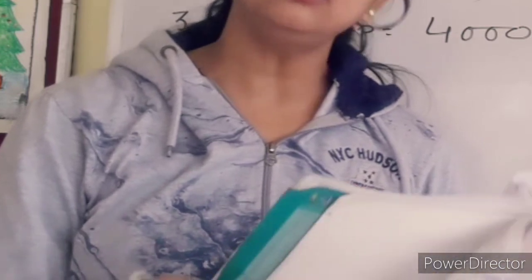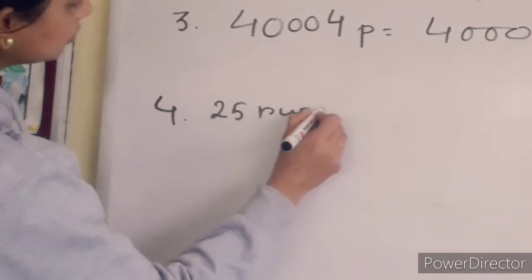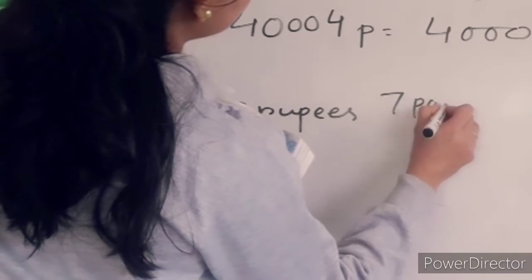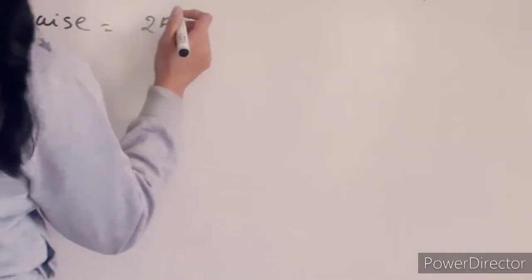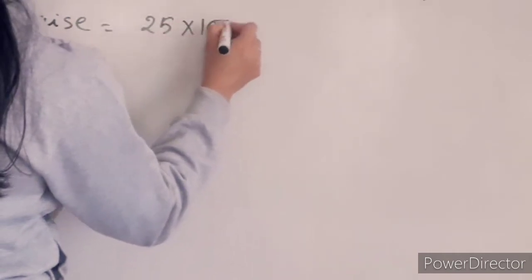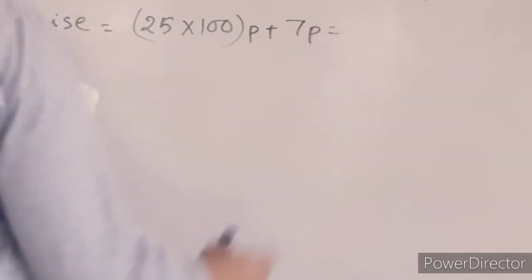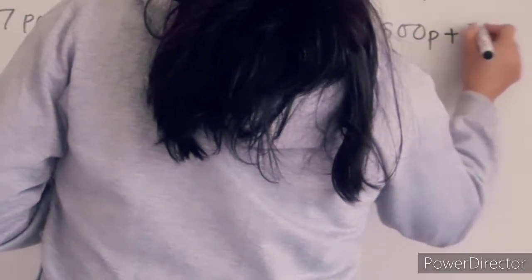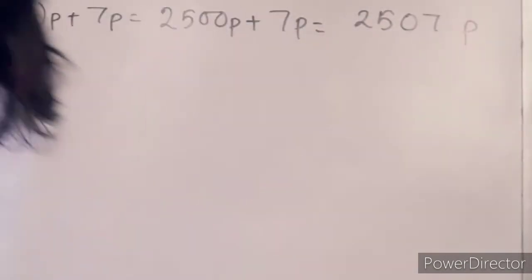After that you will add the numbers. 25 rupees 7 paise equals 25 into 100 paise plus 7 paise equals 2500 paise plus 7 paise equals 2507 paise.